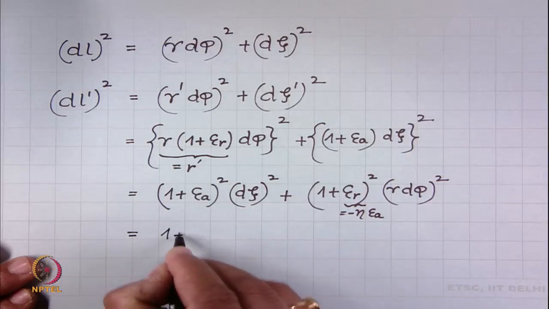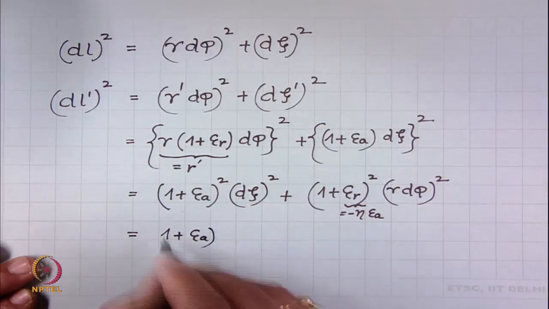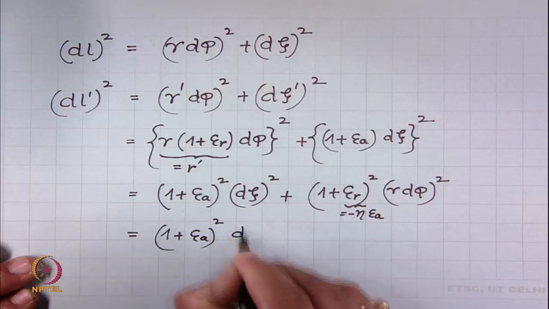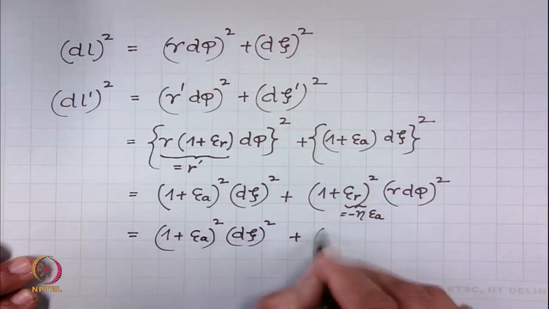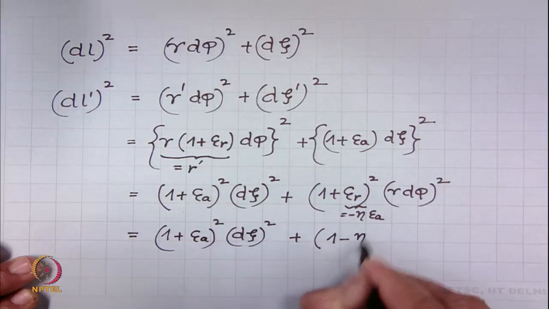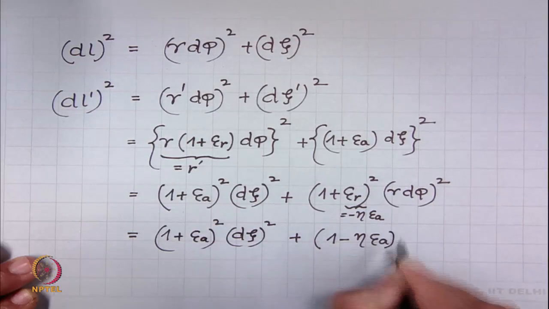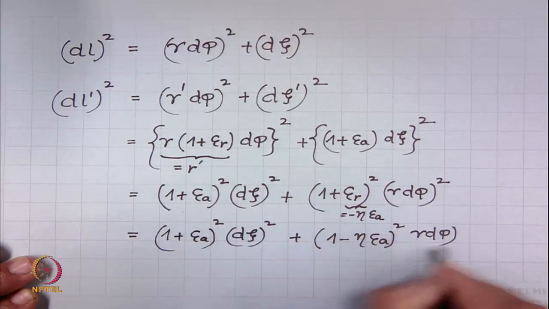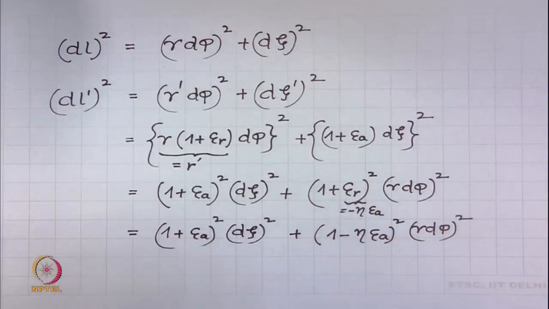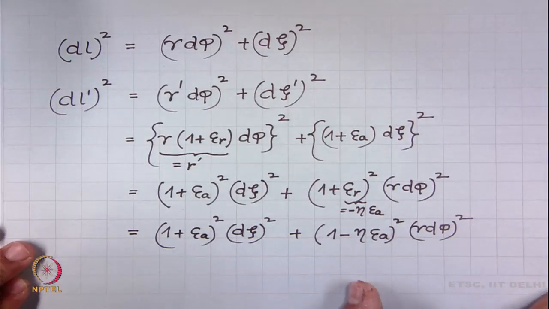So, what we obtain is 1 plus epsilon a squared d zeta square plus 1 minus eta epsilon a squared r d phi square. We continue with the derivation.